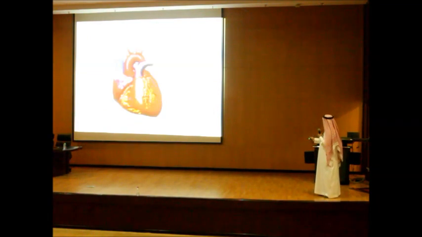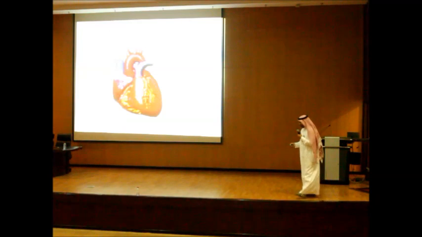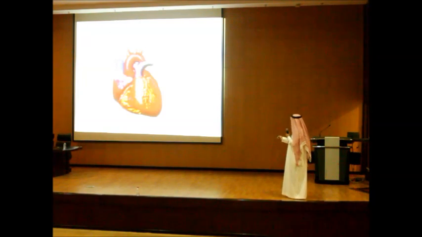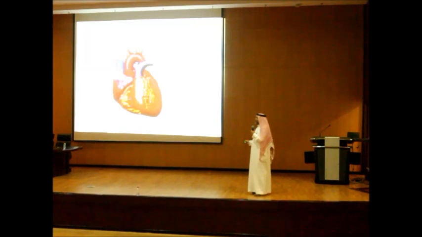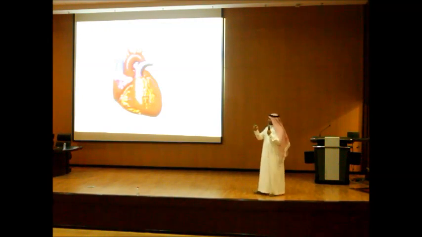So how can you localize the site of the myocardial infarction on the ECG? Anterior wall myocardial infarction. Which artery? What do we call the artery that supplies the anterior wall? Left main, left anterior descending. Anterior wall myocardial infarction, which leads?